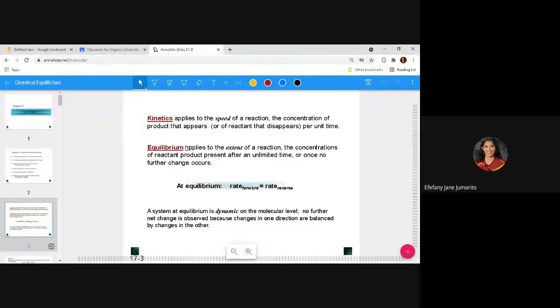So we have at equilibrium. Equilibrium appears when no change occurs. No change anymore in the rate of forward and in the rate of reverse. So they are equal.